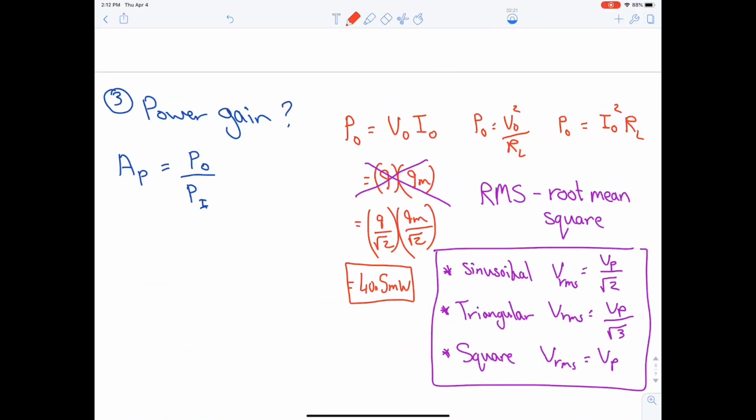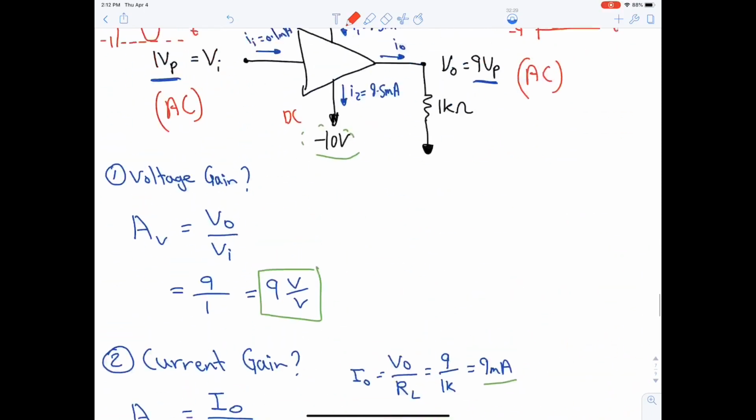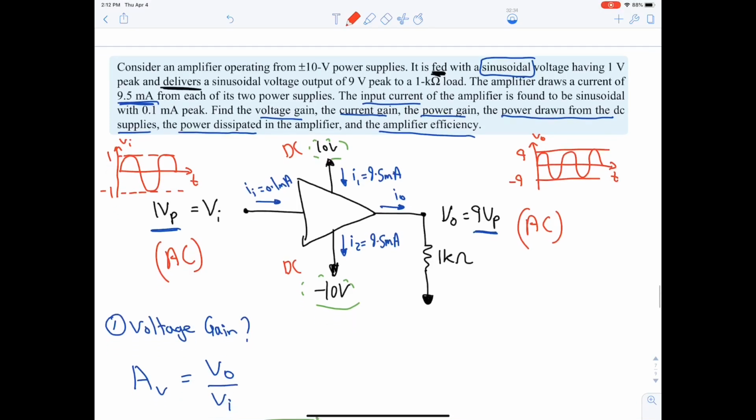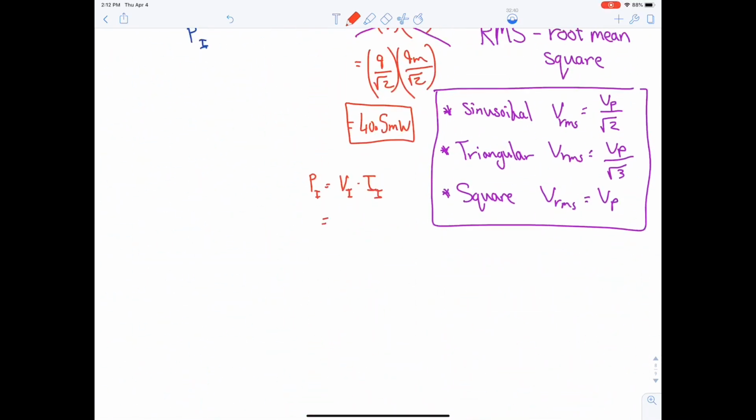We computed the P output. Let's compute now P input. P input is equal to V input multiplied by I input. V input is 1 volt and I input is 0.1 milli. And as the signals there are AC, we need to also use RMS.